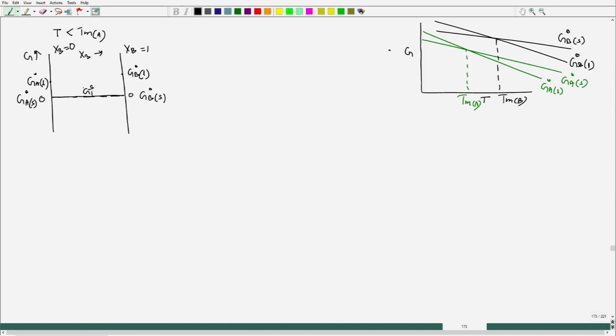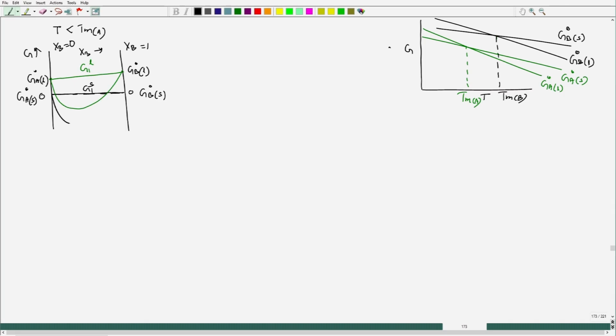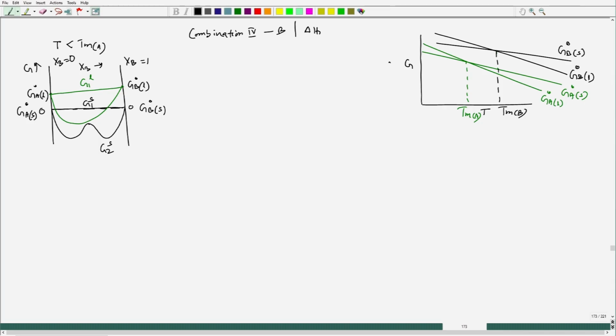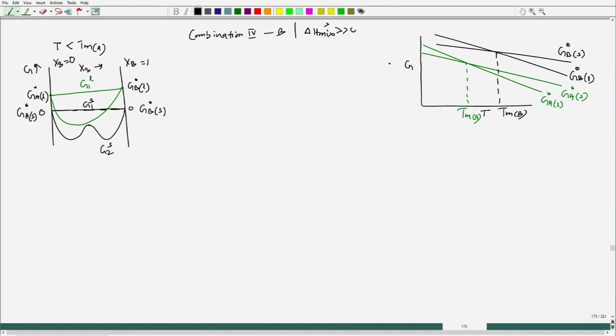This is G1 for solid, this is G1 for liquid. This is G2 solid, with the condition, which is combination 4B, or I can write del H mix solid greater than 0, del H mix liquid less than 0.